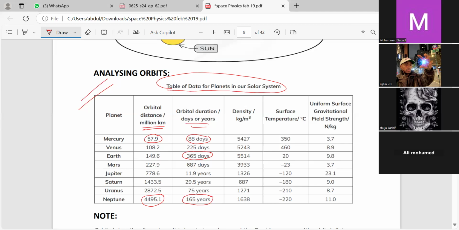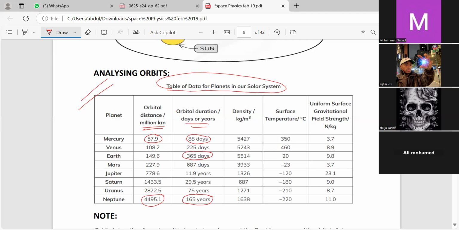Whereas Neptune is furthest away from the sun, so the gravitational pull of the sun on Neptune is weaker as compared to Mercury, so the orbital speed of Neptune is very low as compared to Mercury. So two reasons are there why Neptune takes 165 years to orbit once around the sun.